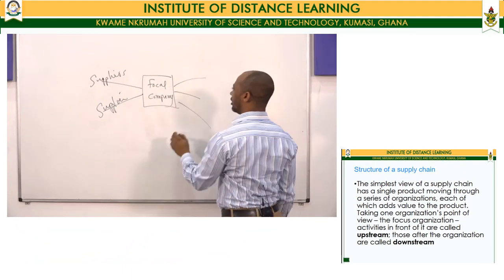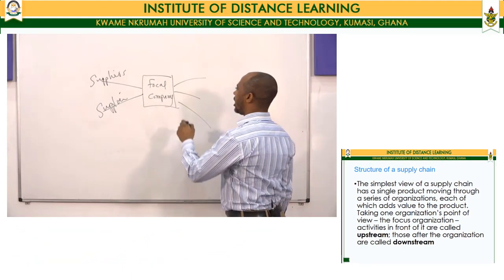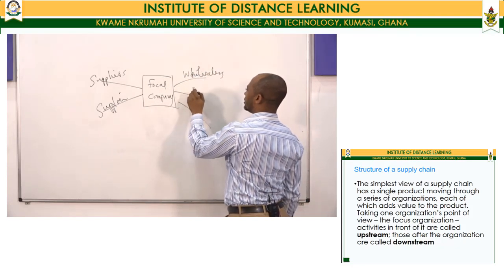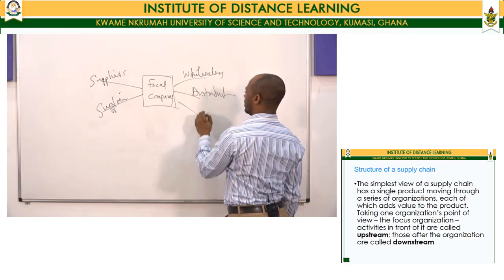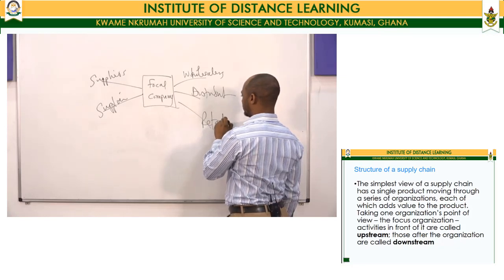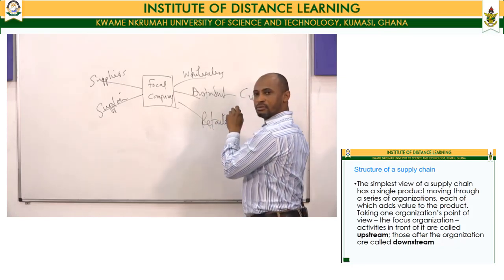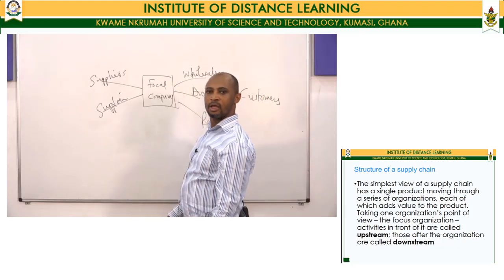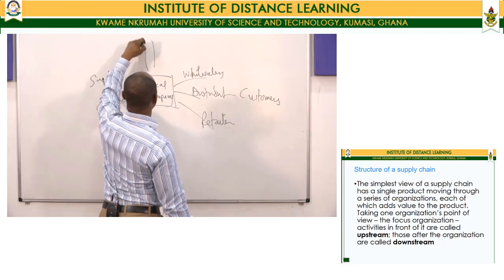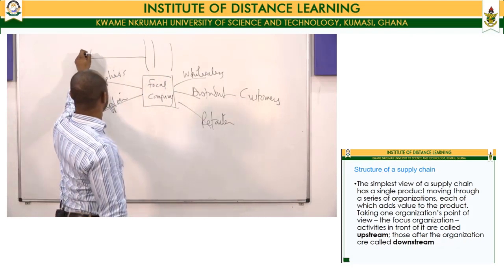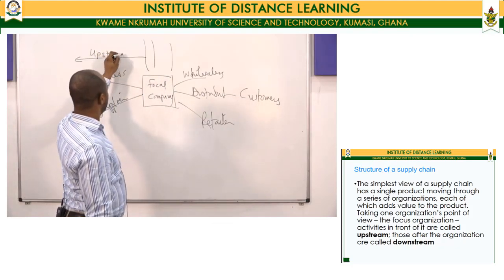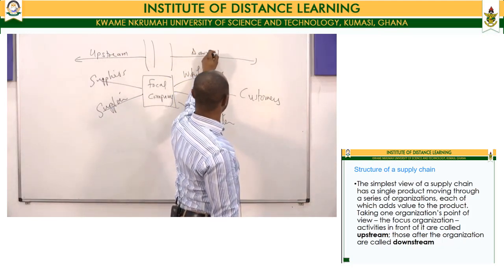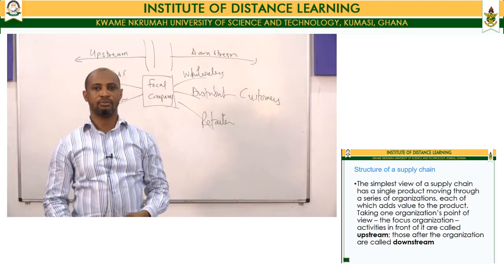On this side of the organization are wholesalers, distributors, retailers, and customers. So based on this focal organization, this is upstream supply chain, and this is downstream supply chain.